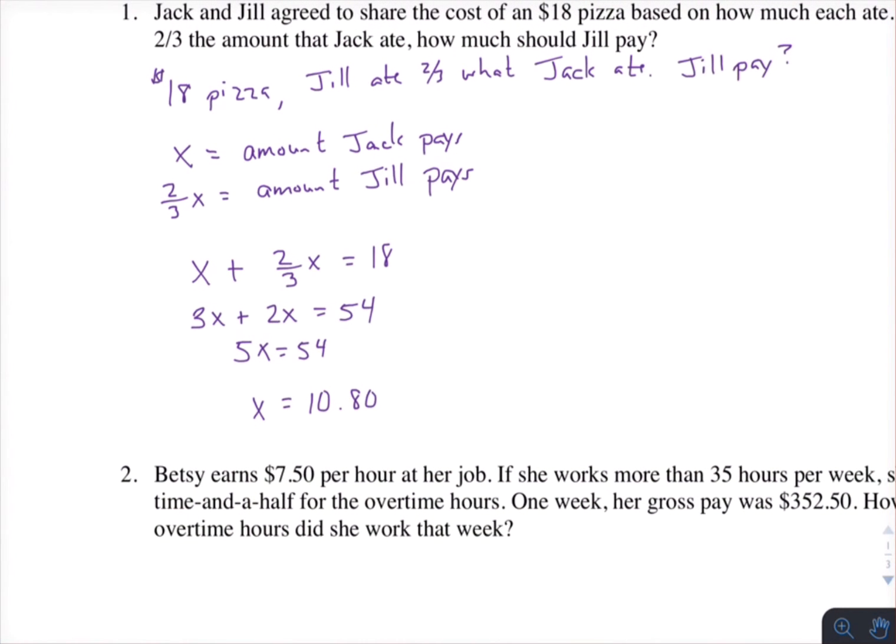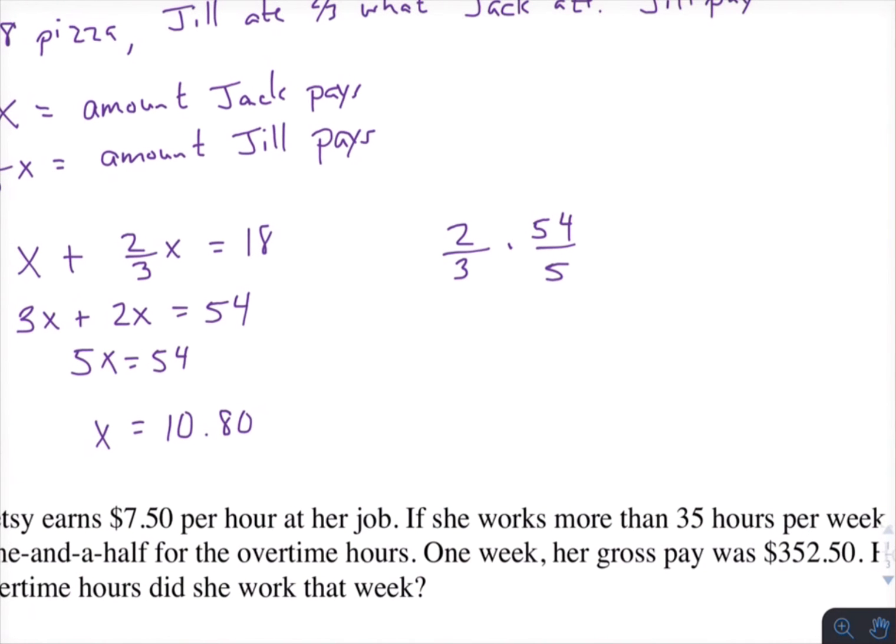And then we will answer in a complete sentence. Well, actually, that's what Jack pays, right? Because that's what x is. So Jill's going to pay 2/3 of that. So we have to do 2/3 times, and actually I'll leave it as 54/5. This way we can do some simplifying. So that is 3 and 18.